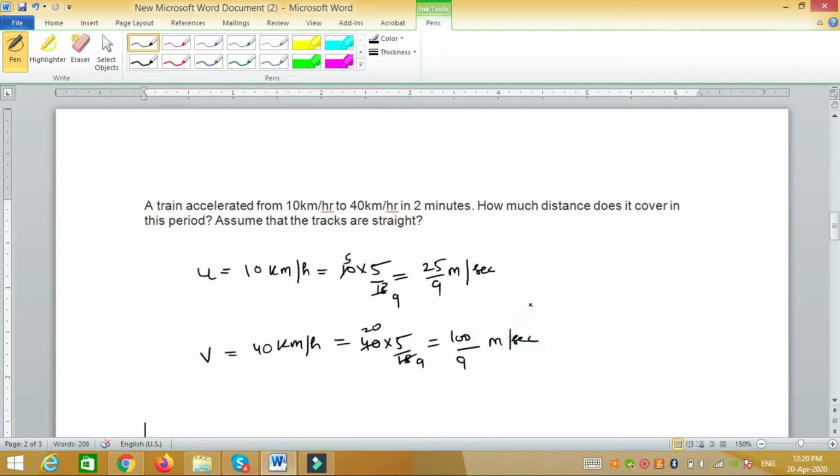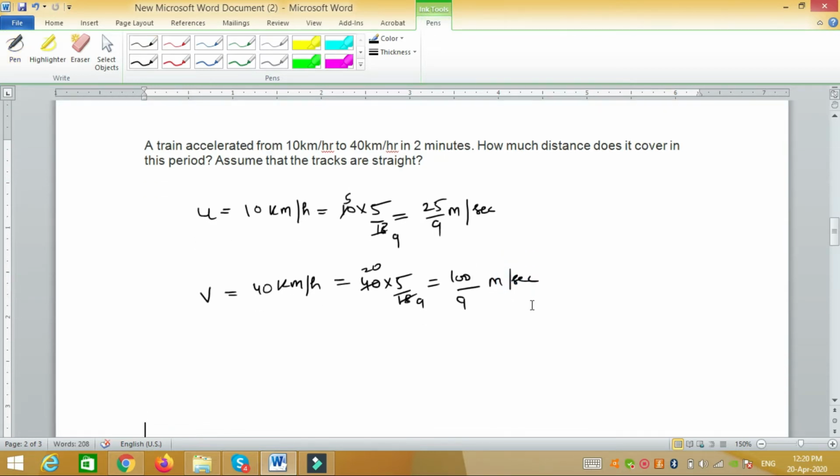Now we have to calculate the acceleration first, because in 2 minutes we have to calculate. So time here is 2 minutes, which is 2 into 60, comes out to be 120 seconds. This is very important. You have to convert all the units into meter per second or the MKS system.